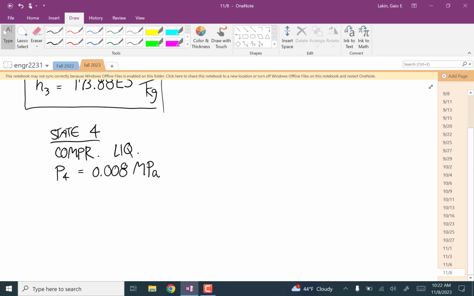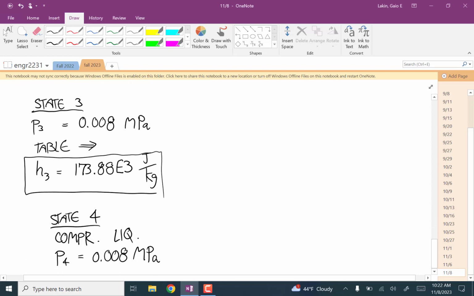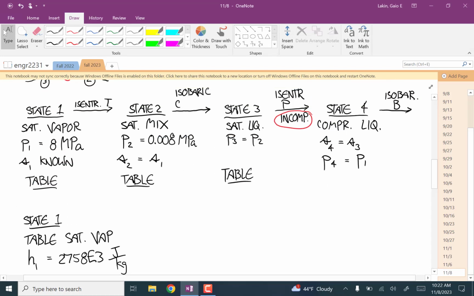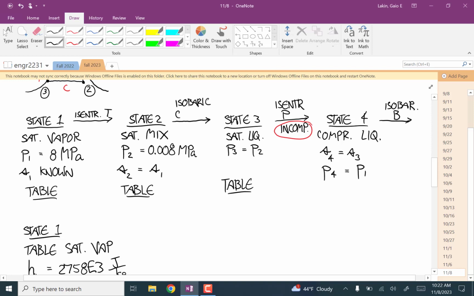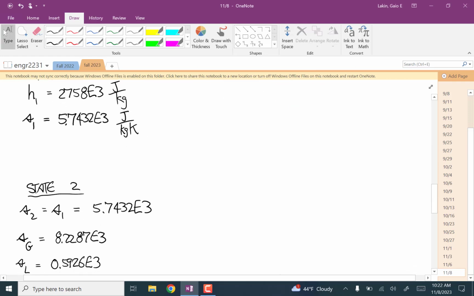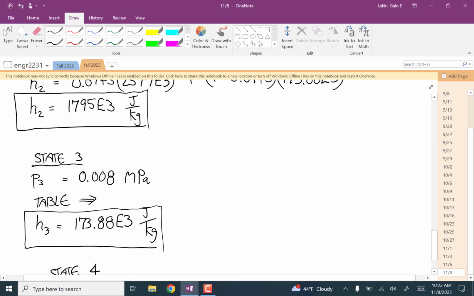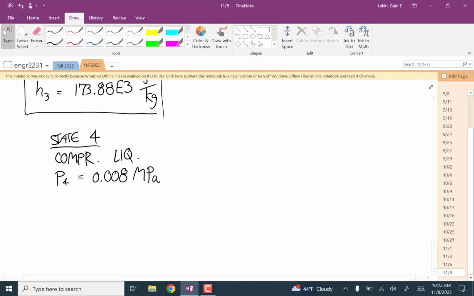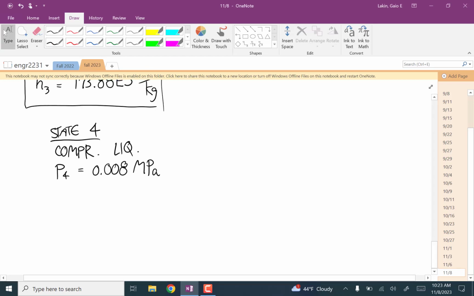Okay, well, is there anything we can use about the fact that this is incompressible? So if you go back to our definitions of the energy transfer for the different stages, this is the pump.